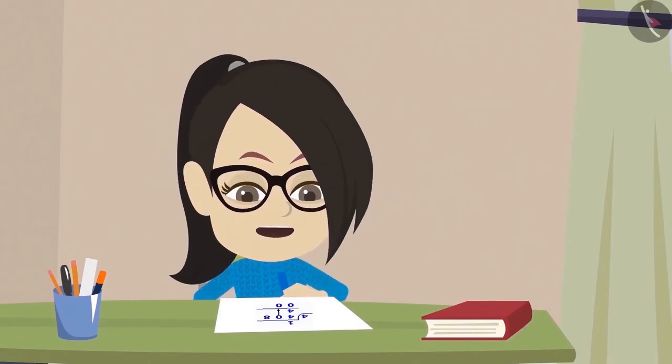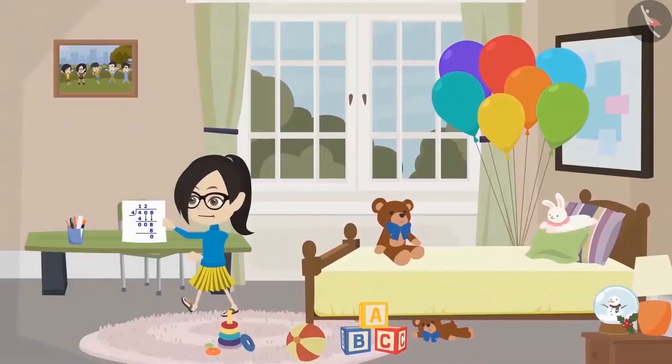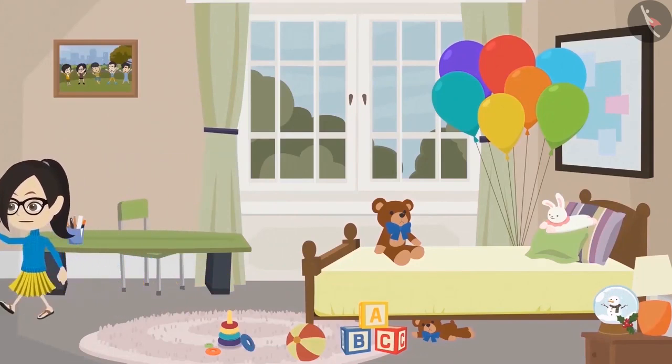I will multiply 4 by 12 to check if this division is correct or not. 4 2s are 8 and 4 1s are 4. The answer came 48. Oh what? The answer should have come to 408. That means I have made a mistake in dividing. Now I will have to ask Mummy for help.